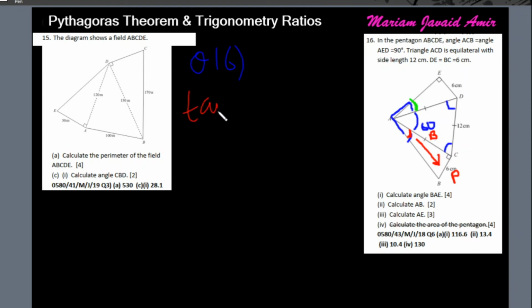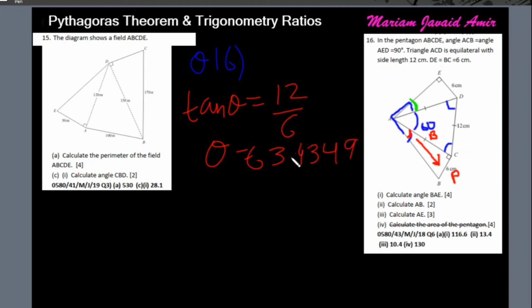Tan theta equals 12, since it's an equilateral triangle, all sides are 12, over 6. So theta equals tan inverse 2, shift tan 2, which gives 63.4349.